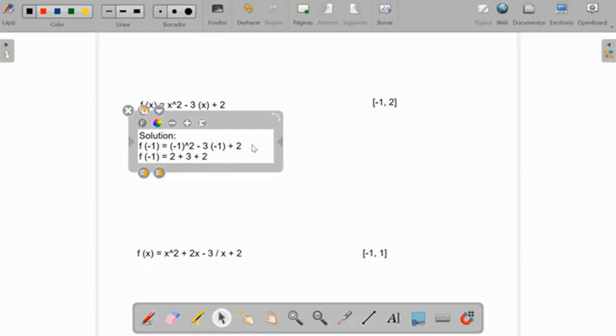And let's see, f of minus 1 is equal to 2 plus 3.